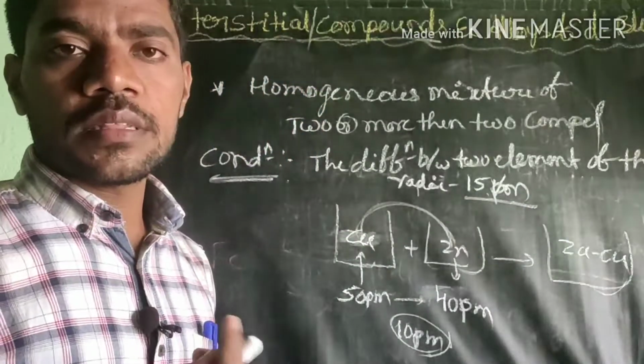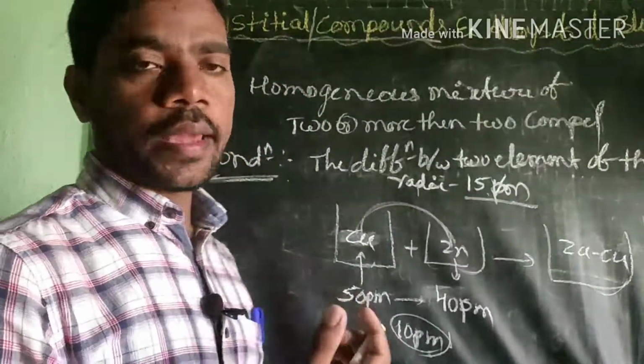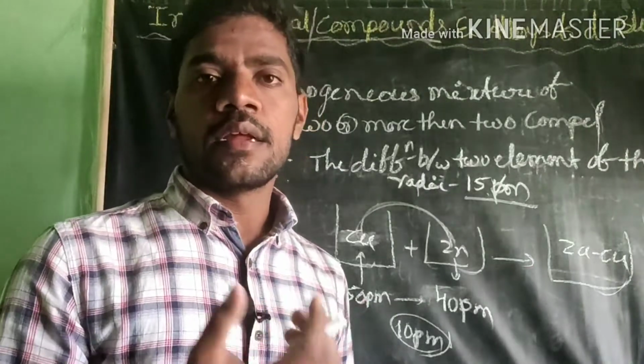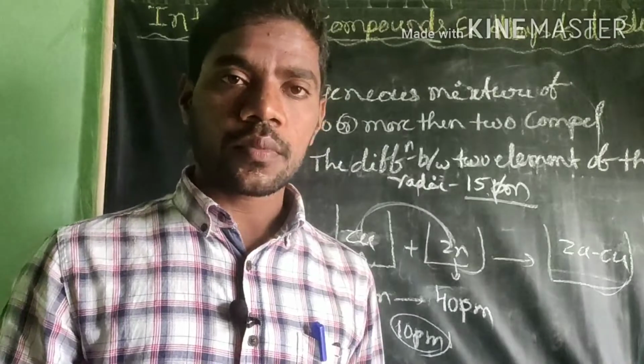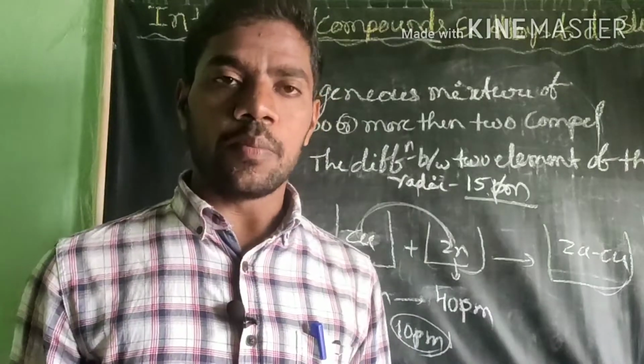If the difference between the two elements is less than 15 picometer, they are easily soluble. They form the new compounds.